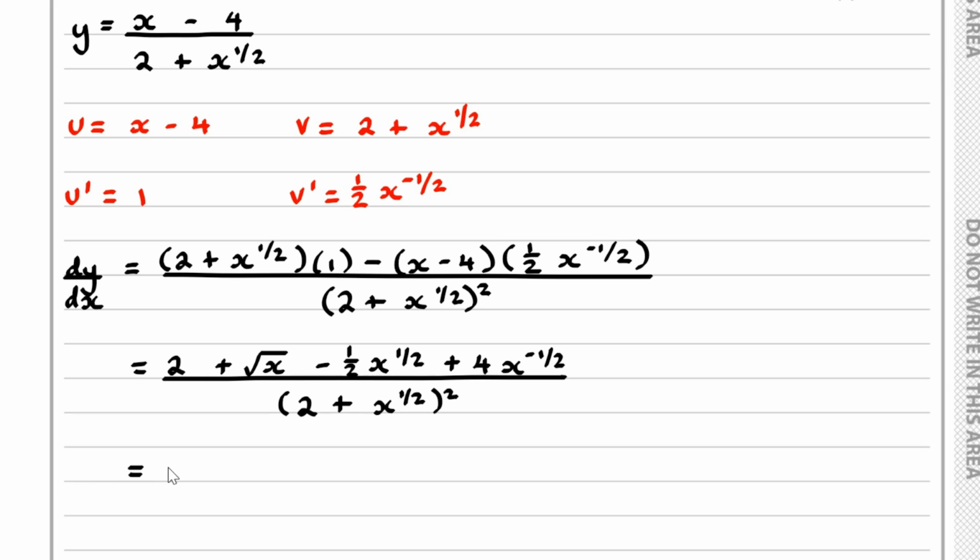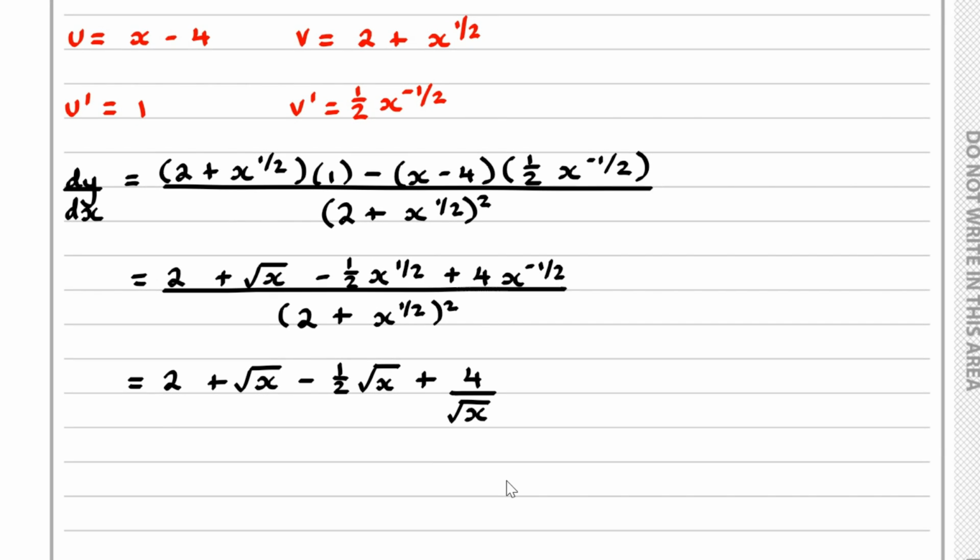So we've got 2 plus square root x minus 1/2 square root x plus 4 over square root x, and then we will divide this by (2 plus square root x) squared.